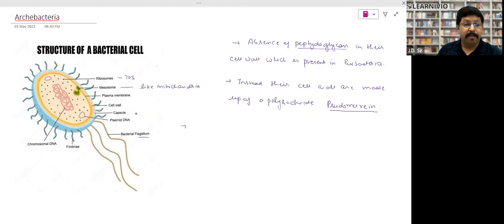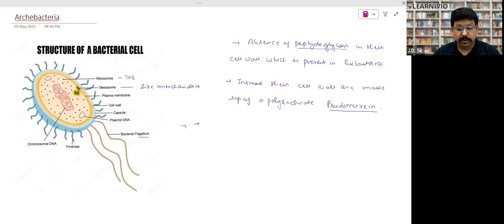But bacteria cannot be killed up to 100 degrees centigrade. They can survive beyond 100 degrees centigrade. Viruses cannot be found everywhere, but bacteria are found everywhere. So this is the peculiarity of the bacteria. The same thing with the archaebacteria.